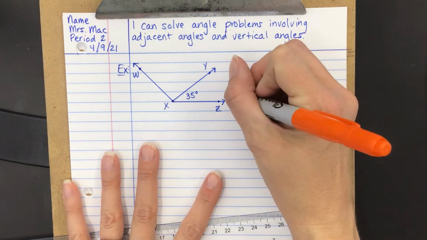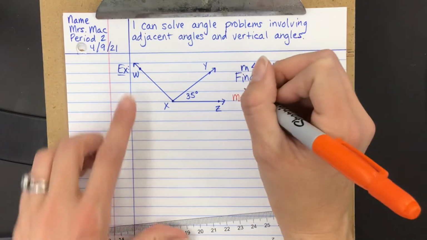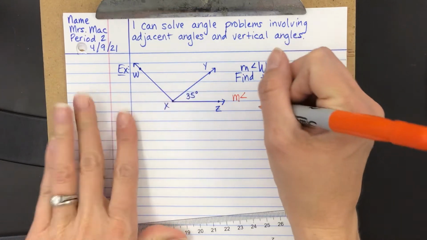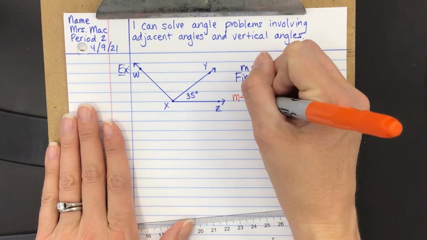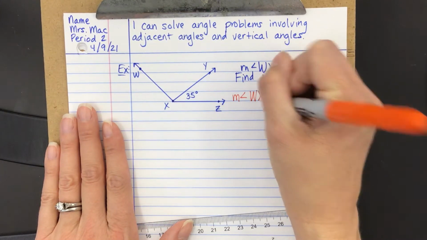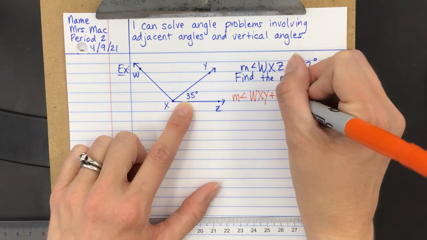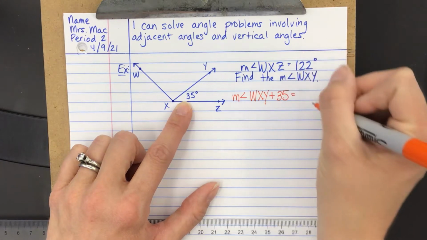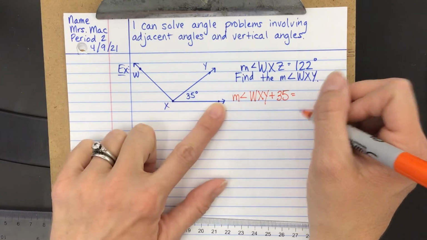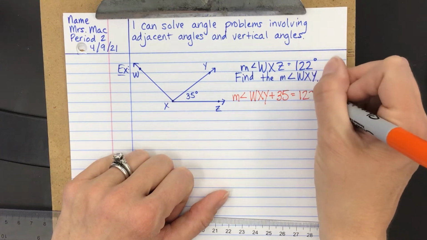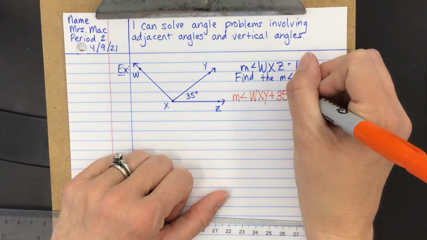So I'm going to say the measure of angle WXY plus the measure, this measure right here, which is 35 degrees, is equal to the measure of the whole angle, which is 122 degrees, okay?